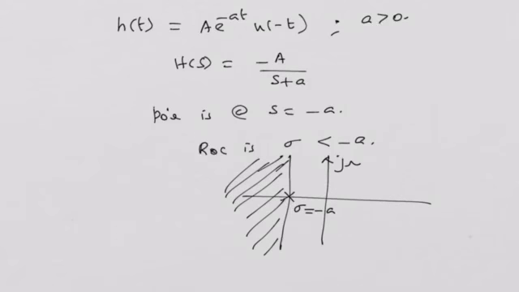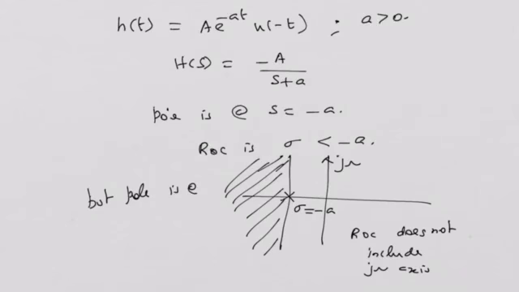Right? You can notice that the pole lies on the left half of the S-plane, but RoC does not include the j omega axis. So you can declare the pole is at the left half of the S-plane, but RoC does not include the j omega axis.